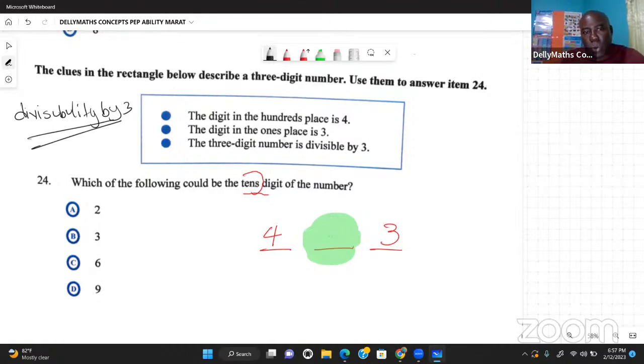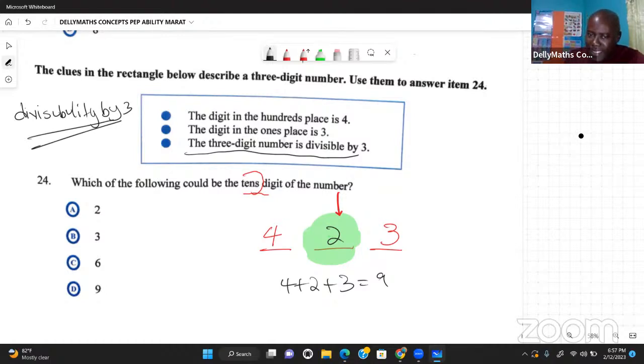So the fact that they told us that it is divisible by 3 means there are certain numbers that cannot work here. So let us try them, right? Let us try number 2 there. If I put number 2 here, it looks like it worked, because I'm going to have 4 plus 2 plus 3, and that's 9. The question is, is 9 divisible by 3?